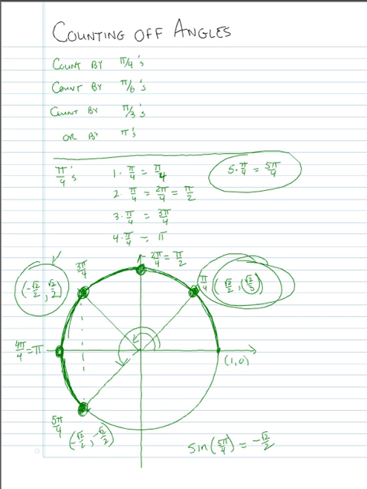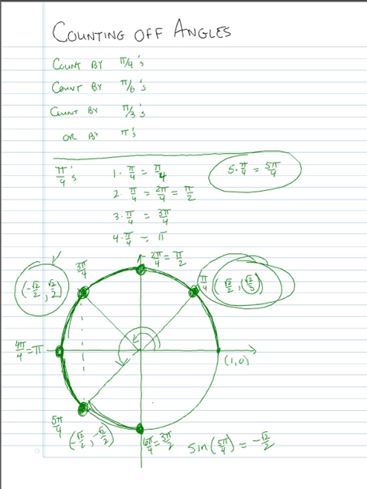Let's continue counting. 6 pi over 4, so we would go this distance again. 6 pi over 4 puts us right here. Okay, that's 6 pi over 4. Now when we simplify that, we get the same as 3 pi over 2. So that's the same location as 3 pi over 2. And of course, there we can calculate because we know the coordinates of that point.